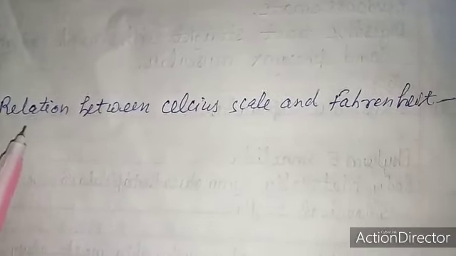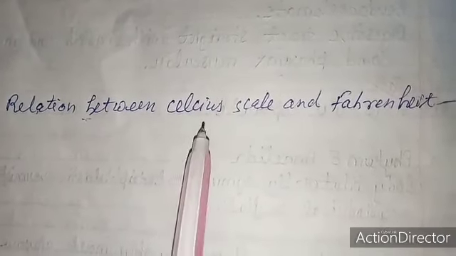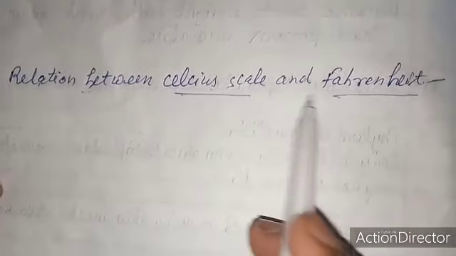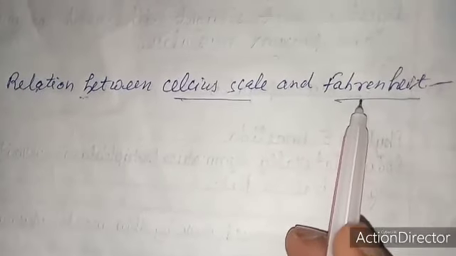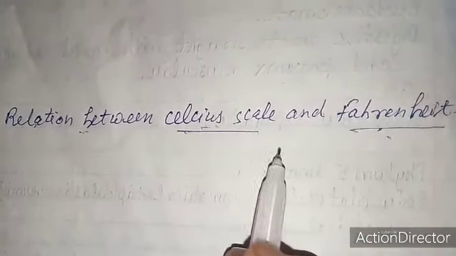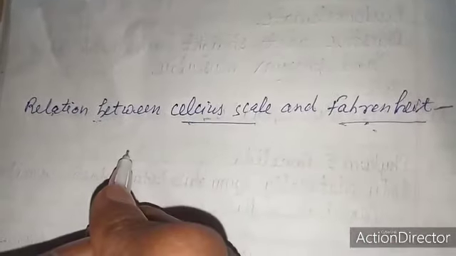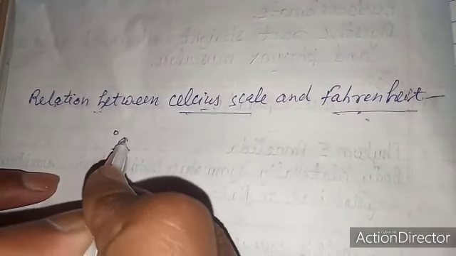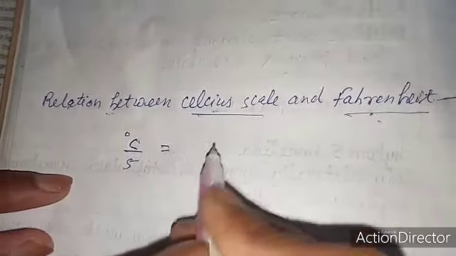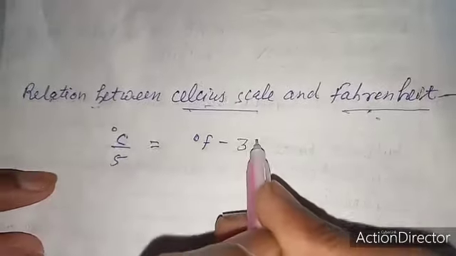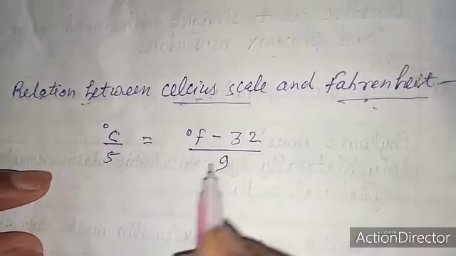Let us see the relationship between the Celsius scale and Fahrenheit. This relationship is not given in your syllabus, but here it is necessary to describe. The relationship between Celsius and Fahrenheit is: degree Celsius upon 5 is equal to degree Fahrenheit minus 32 upon 9.